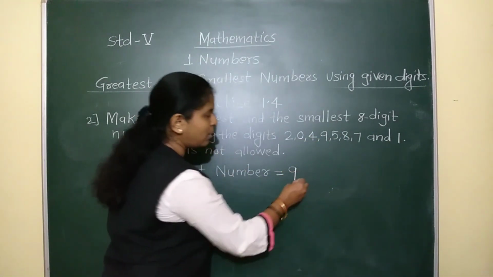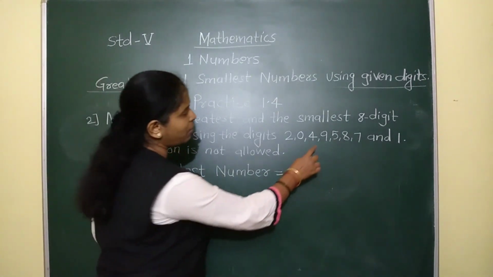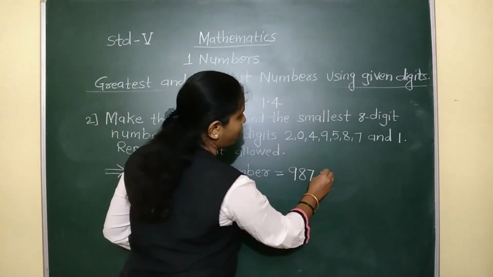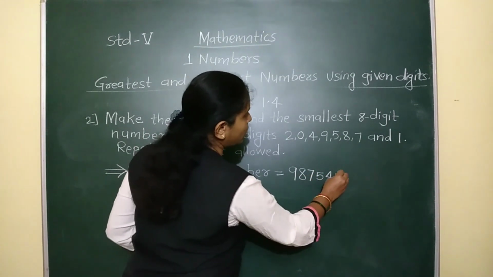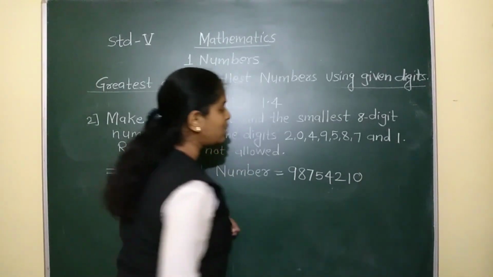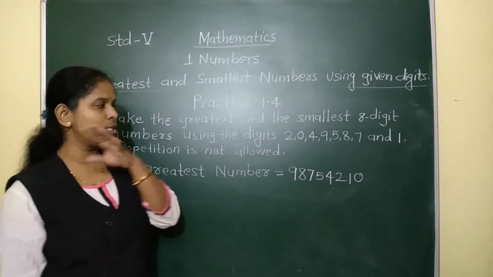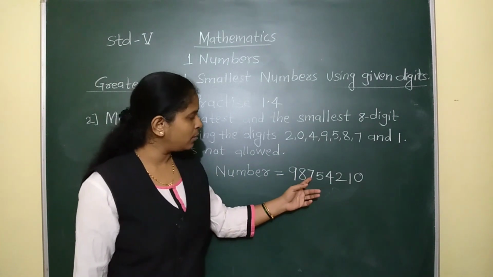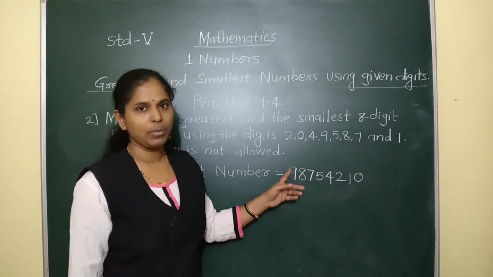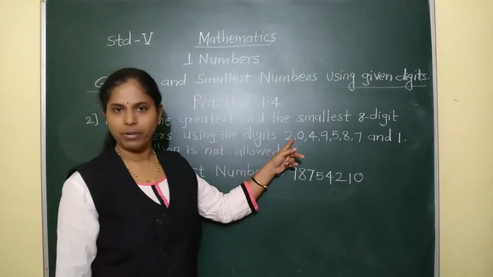So 9 I will write first. After 9, which digit will come? 8, then 7, then 5, then 4, then 2, then 1, and then at the last 0, because 0 is the smallest one. Now see, it is an 8-digit number, the greatest 8-digit number we made by using the given digits.